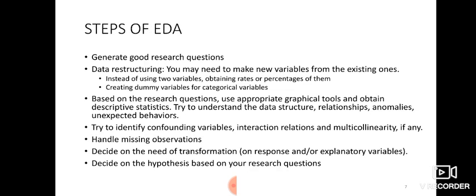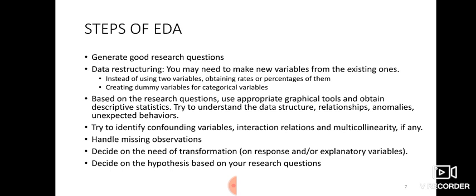So how do we do this analysis? First, we have to generate good research questions. Then we have to restructure the data. For this purpose, we may need new variables. Instead of having two variables, we can create rates or percentages from the two variables. We can also create dummy variables for the categorical data. Based on the research questions we are asking, we can use the appropriate graphical tools and get the descriptive statistics.